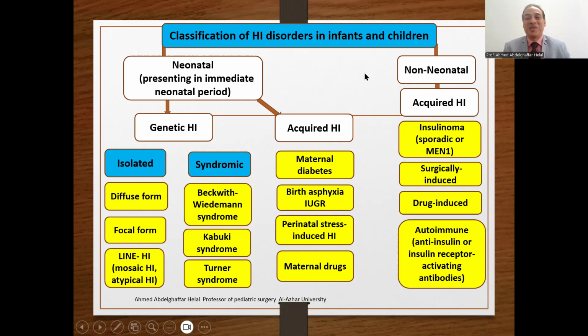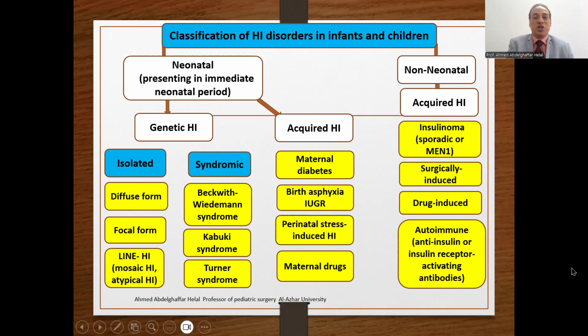Non-neonatal, after the neonatal period: acquired hyperinsulinism may be insulinoma, especially if the child is more than 1 or 2 years old. Insulinoma may be sporadic or part of MEN1. It may be surgically induced after some surgery like gastric bypass, may be drug-induced, or may be autoimmune, with anti-insulin or insulin receptor activating antibodies.